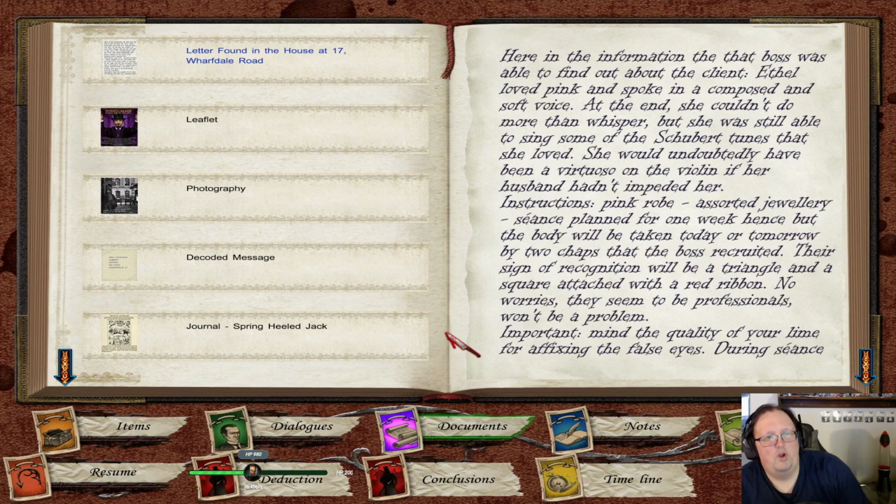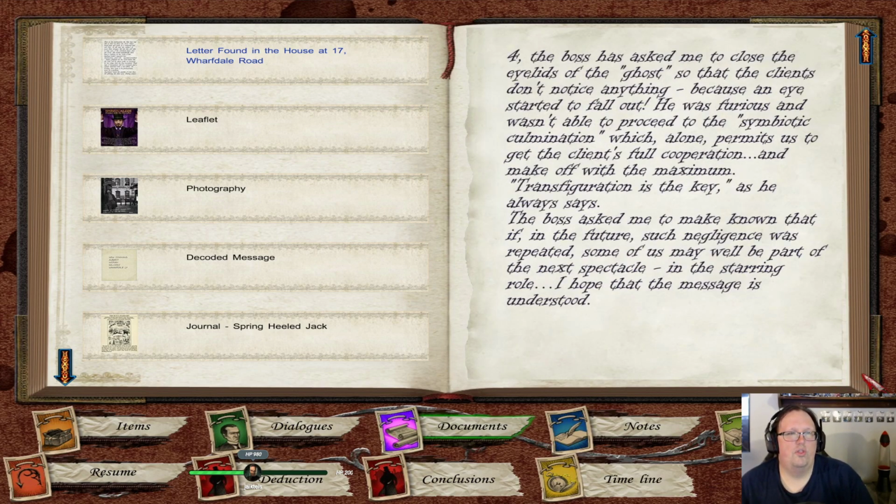Instructions: pink robe, assorted jewelry, seance planned for 1 week hence, but the body will be taken today or tomorrow by 2 chaps that the boss recruited. Their sign of recognition will be a triangle and a square attached with a red ribbon. No worries, they seem to be professionals. Won't be a problem. Important, mind the quality of your lime for affixing the false eyes during seance.